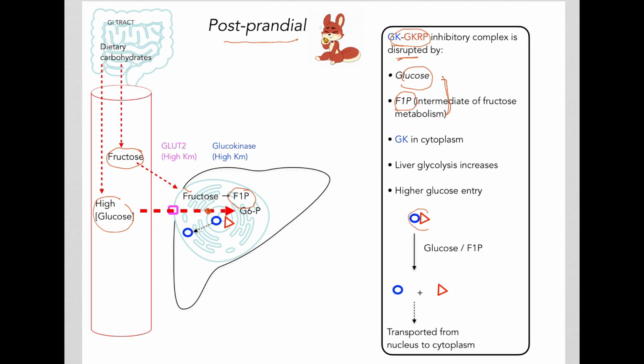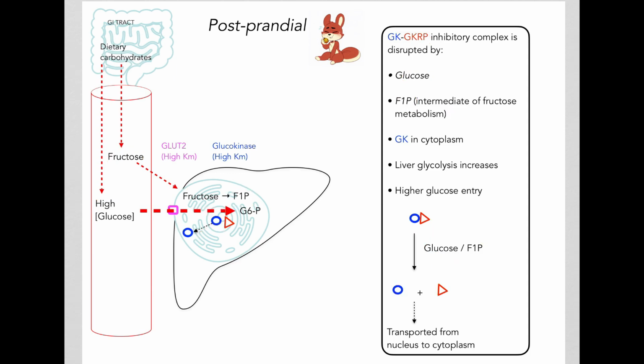So this complex is broken down into the respective components by the presence of glucose as well as fructose 1-phosphate. And this complex will then be transported from the nucleus into the cytoplasm. So from the nucleus, the disrupted complex will be transported out, and now we have glucokinase present in the cytoplasm, and this glucokinase will allow glycolysis to happen.